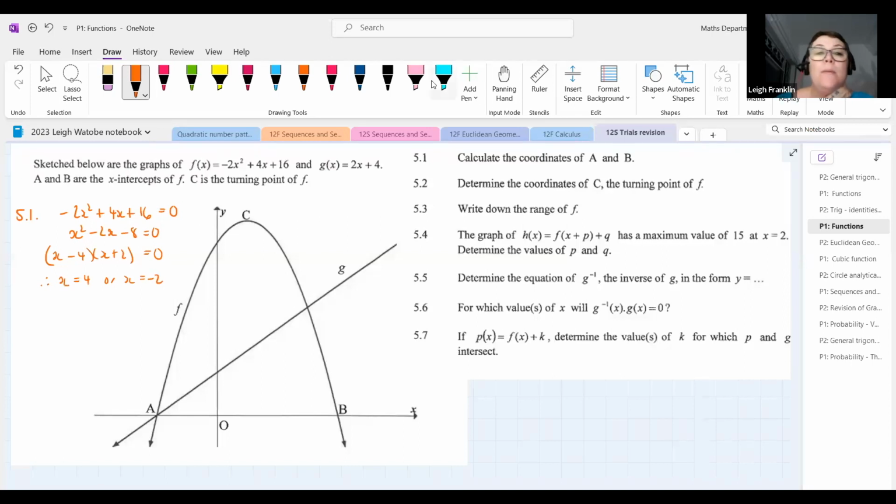So be as traditional as possible. Answer the questions they asked us. They want the coordinates of A and B. Give them what they want. So the coordinates at A would be (-2; 0). The coordinates at B would be (4; 0).